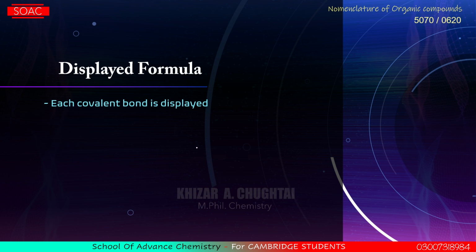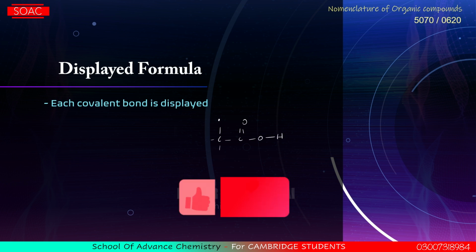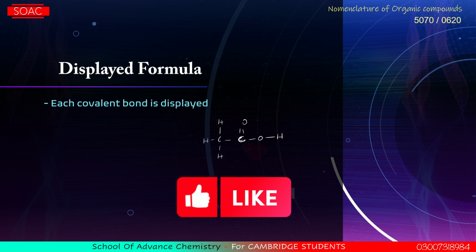For example, once again, I'm going to write another displayed formula: CH3, C double bond O, OH. This is the displayed formula of ethanoic acid.